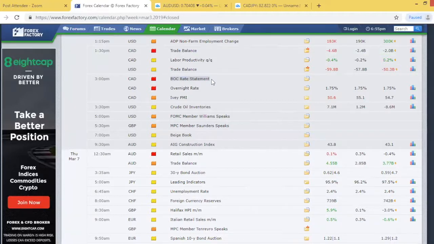Now, the Canadian dollar data that we saw, although the interest rate remained the same, they highlighted a lot of concerns elsewhere within the markets. They said that future interest rate rises would have to be put on hold amid an uncertain economy.